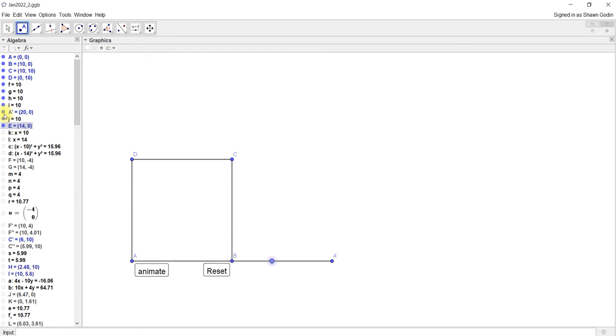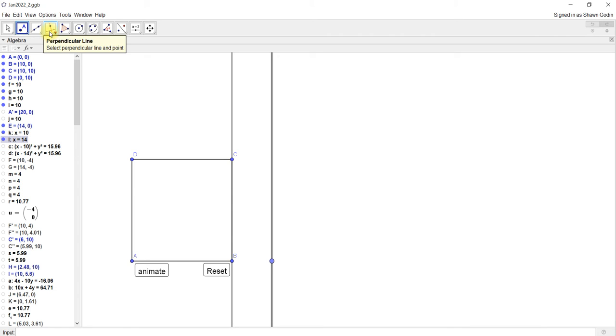After I did that, I could just hide these two things, and I constructed the smaller square by doing some perpendicular lines to this through those two points. There are lots of ways we could construct a square.